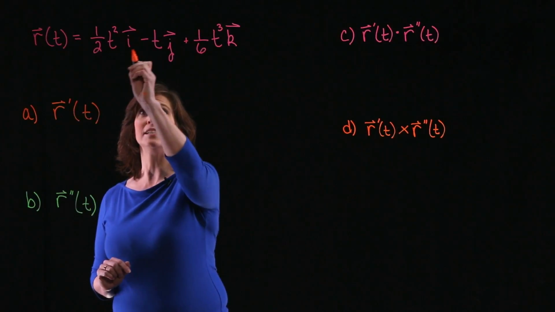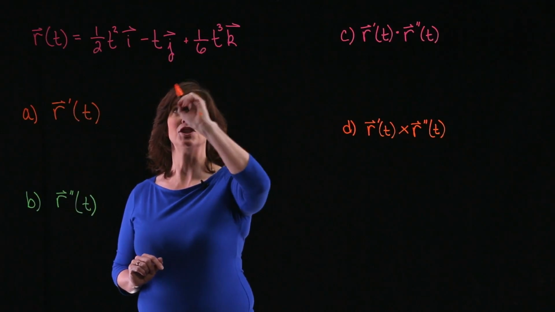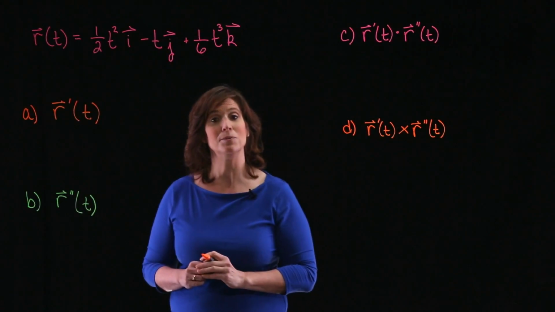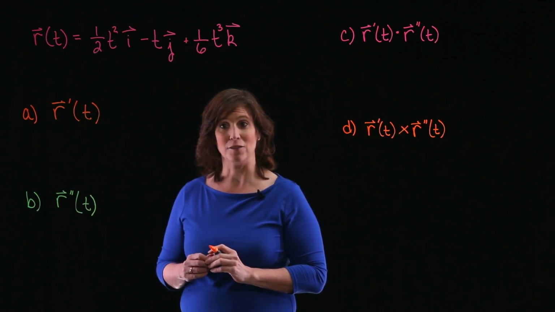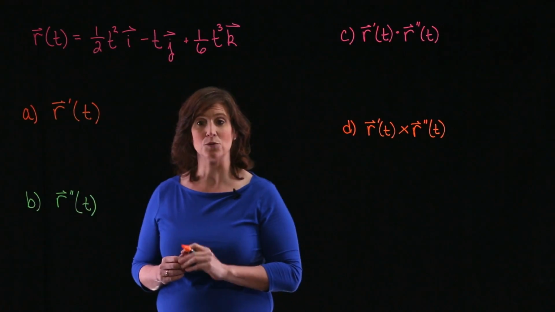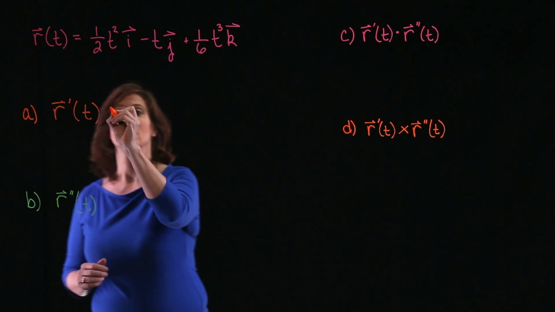I have 1/2 t squared times i minus tj plus 1/6 t cubed k. And my first problem is to find the derivative of that vector valued function. So I'm just going to take the derivative of each of the components.